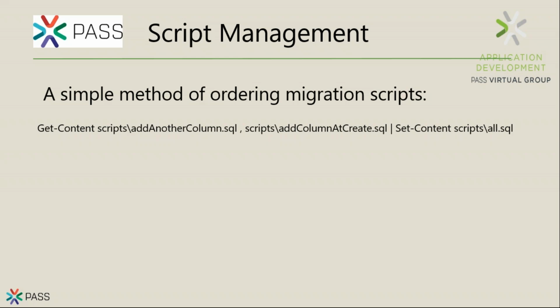Now, the process here is that someone would be updating this script-ordering PowerShell script and committing that to the source repo. Whenever there's a new migration script being committed, the set order script here would be updated accordingly and also committed. So you end up with a script to order your migration scripts that are included in the repo.